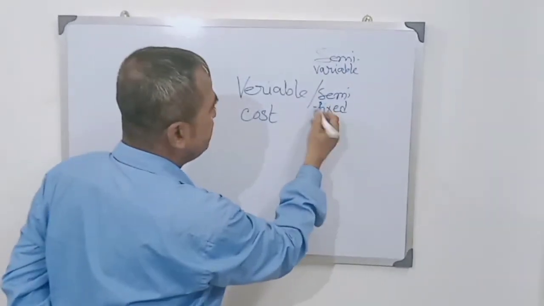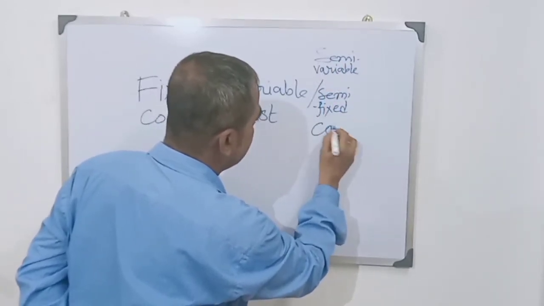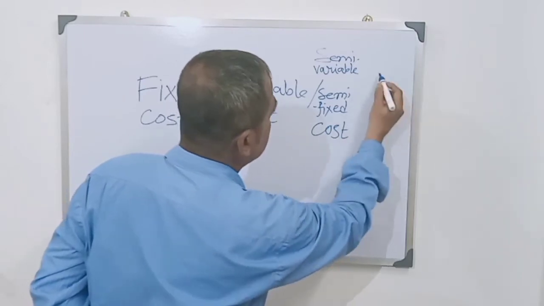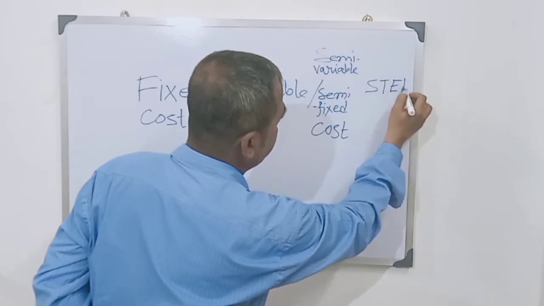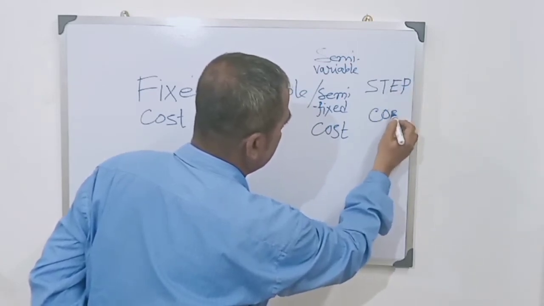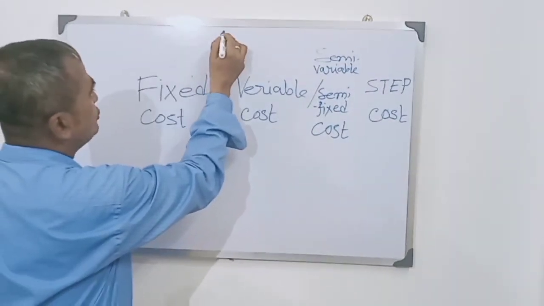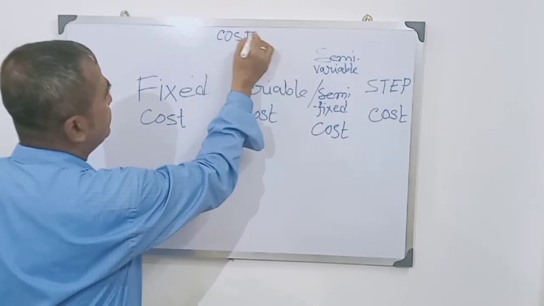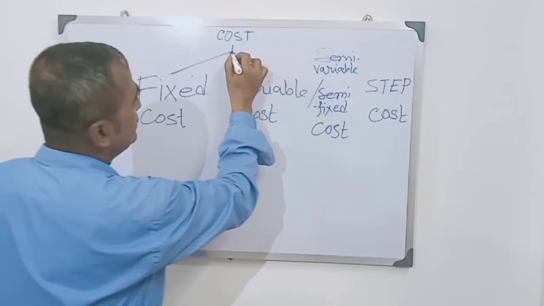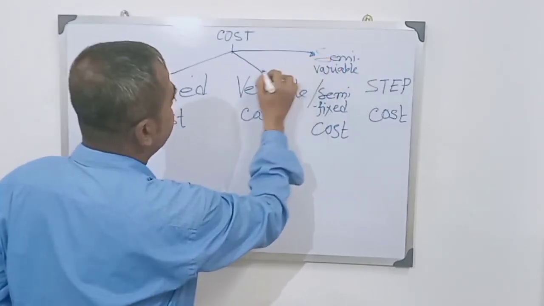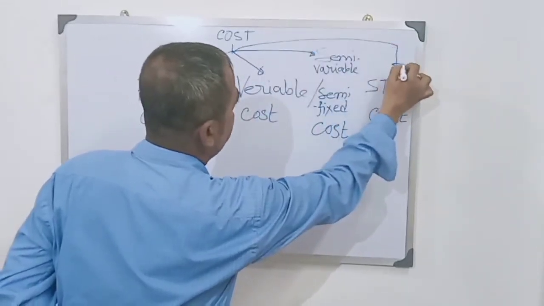Obviously, semi-fixed or semi-variable cost. And then the fourth one is step cost. So we have to understand the costs: fixed cost, variable cost, semi-variable cost, or step cost.